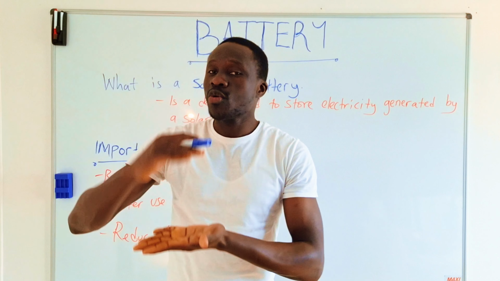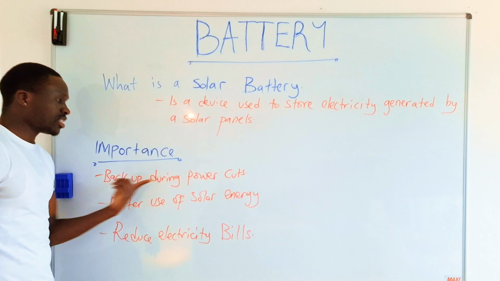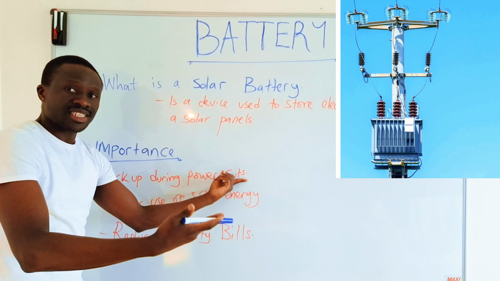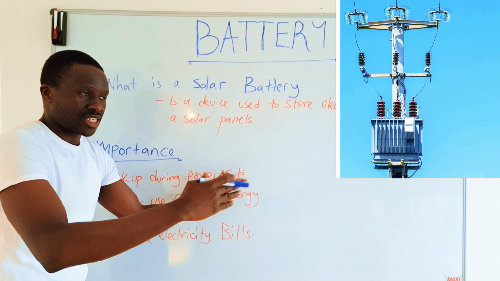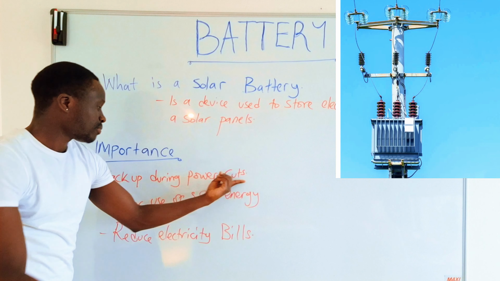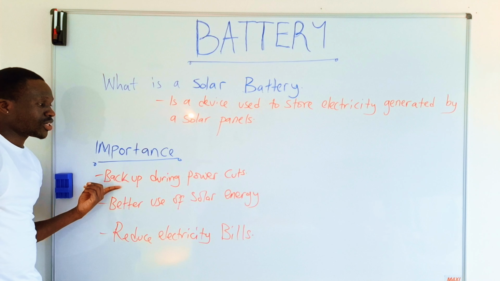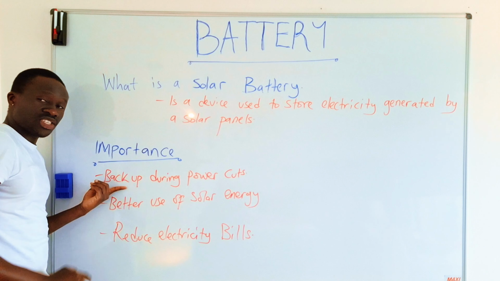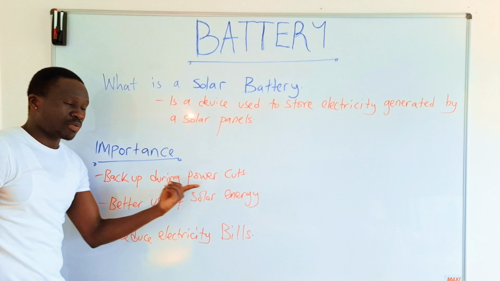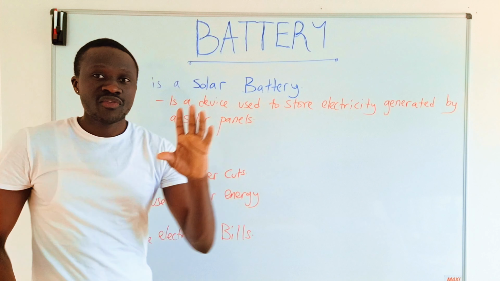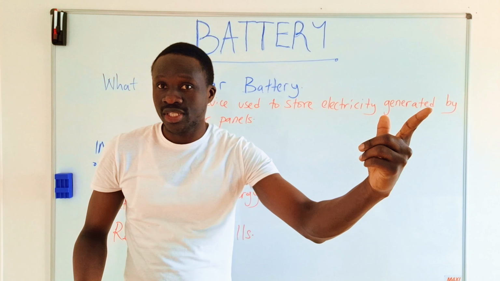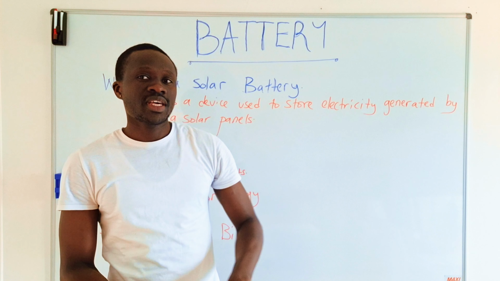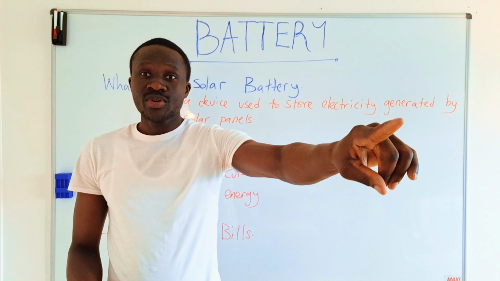When the AC, the alternating current, has gone, one importance of the solar battery is to back up your systems. If you're watching TV and electricity goes, the solar batteries will back up with the help of an inverter for your system to work.